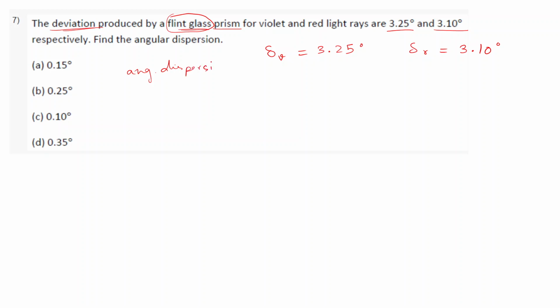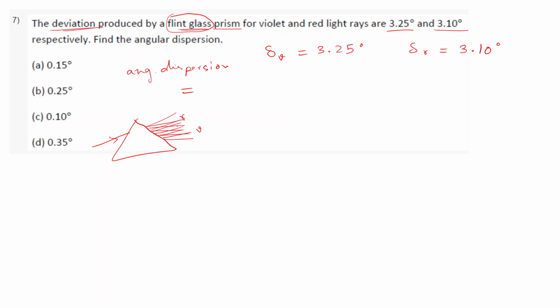Now recall the derivation we had done, that white light incident on a prism splits into seven of its components because of the deviation, right?